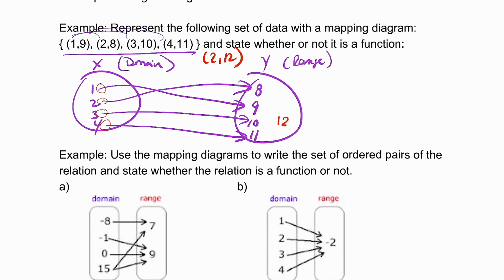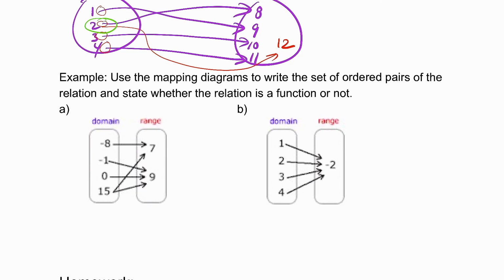In this case, 2 will map to 12. Now we can tell that this is not a function because there are two arrows coming out of 2. In other words, 2 maps to two different values, and that's not a function. There's no definitive answer when x equals 2.